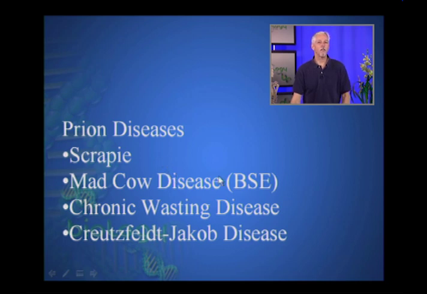Mad cow disease, also called bovine spongiform encephalopathy, is a prion disease that we find in cattle. Chronic wasting disease we find in elk, deer, and probably moose as well. And Creutzfeldt-Jakob disease is the human version of this disease. It's thought that this prion sequence started in sheep, jumped to cows, as well as other ungulates in nature, and has infected humans as well.